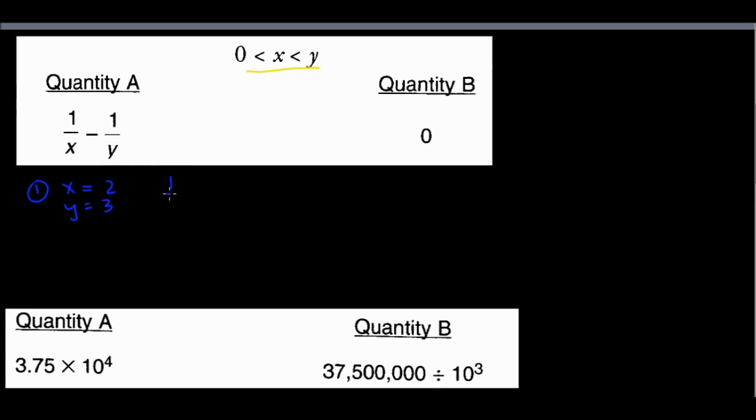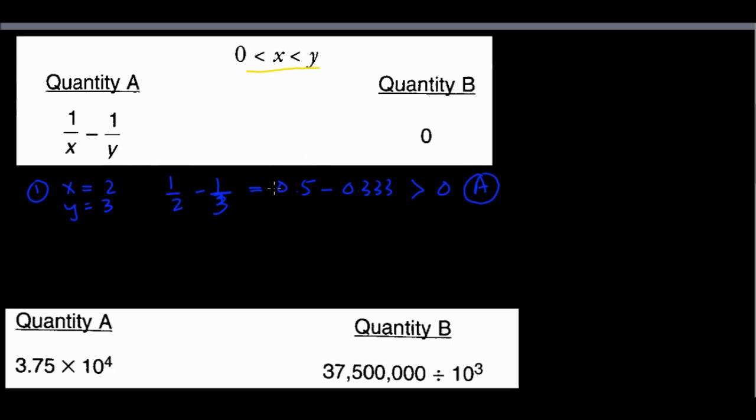In column A I'll have 1 over 2 minus 1 over 3. 1 over 2 is 0.5, and I know from my list of fractions that I should memorize that 1 over 3 is 0.333. This value has to be greater than 0 because 0.5 is greater than 0.333. So if these were the values of x and y, my answer would be A.